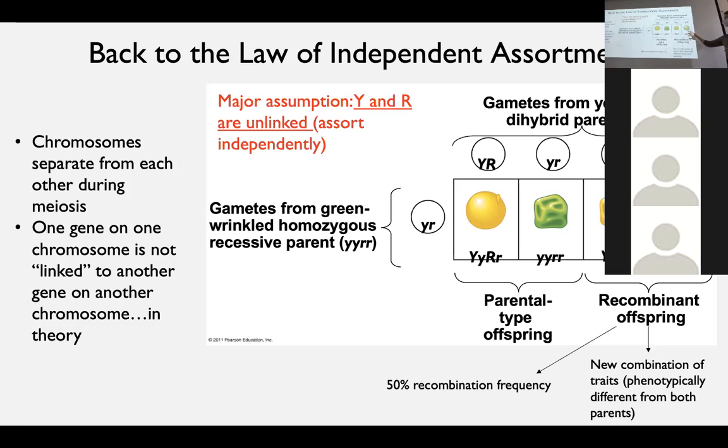This shows, like I said, a 50-50. Half of the individuals are parental type and half of them are recombinant offspring. So that would be a 50% recombination frequency. So we'll look at those percentages between the recombinant and the parental type to figure out if there's linkage.